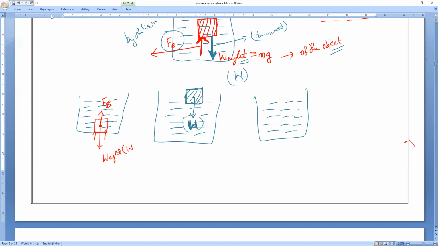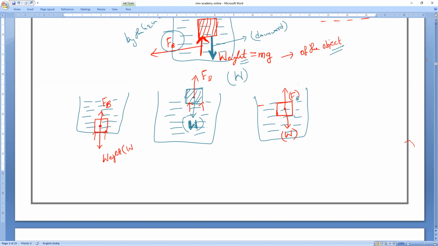Downward direction. Are you clear? Now also the buoyancy force is acting in what direction? Upwards. Now, the object is floating exactly below the surface. Now also, the force acting in the downward direction, what is that, everybody? Weight. Now also there is a force acting in the upward direction. What is that, everyone? Speak loudly, guys.